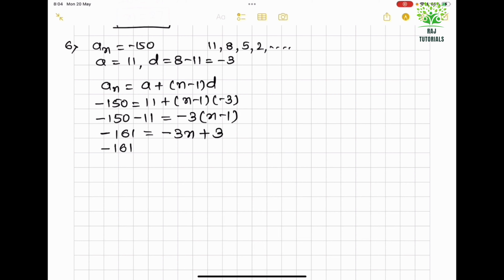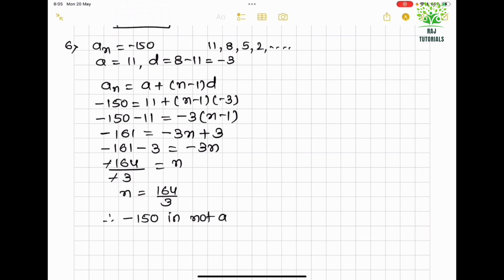So I can say minus 161 minus 3 equal to minus 3n. So minus 164 upon minus 3 equal to n. So n equal to 164 by 3. And see, 164 is not divisible by 3. So therefore minus 150 is not a term of the given AP.